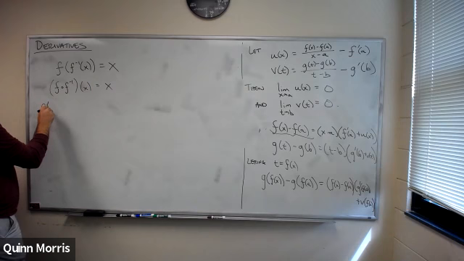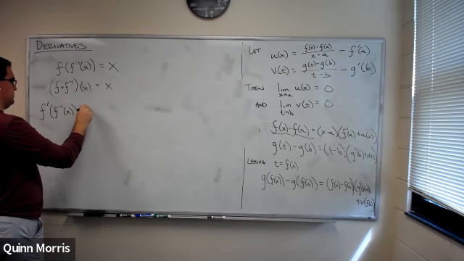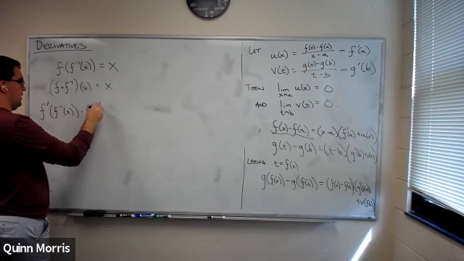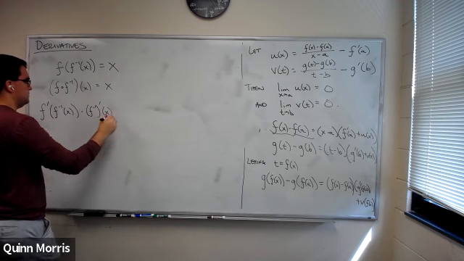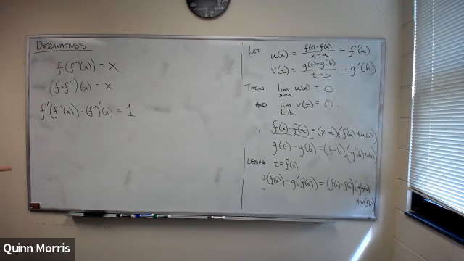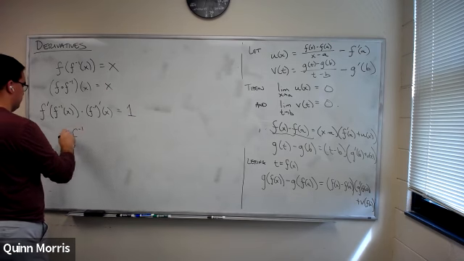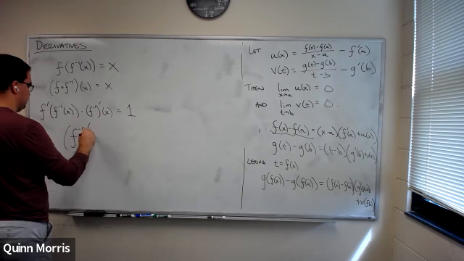This will be f prime of f inverse of x times f inverse prime of x. And then if I differentiate this side with respect to x, that's just 1. And so this gives me a very nice formula for the derivative of the inverse function.